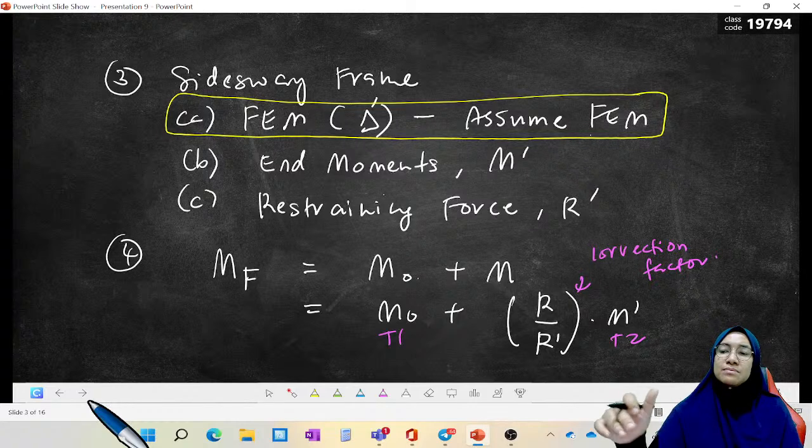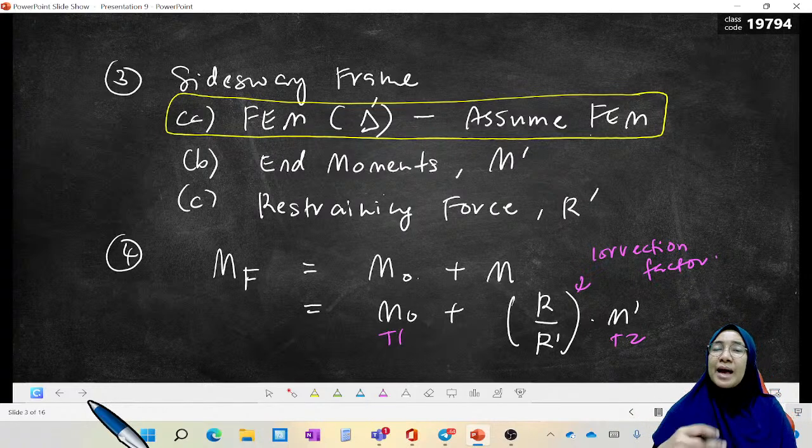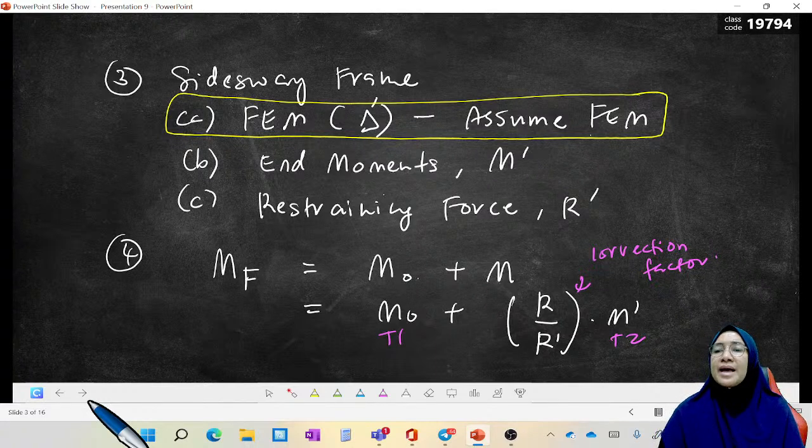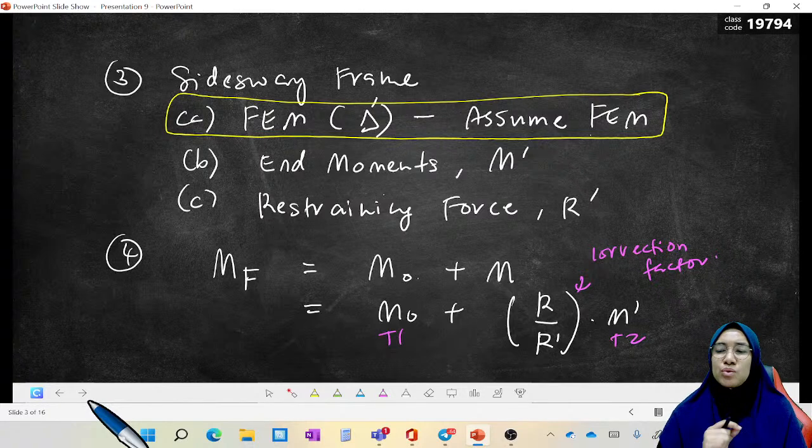So how does it look? This is a sidesway frame without considering FEM due to external load, which means we need to consider only delta, only sidesway.